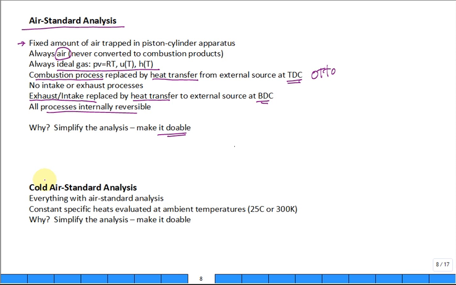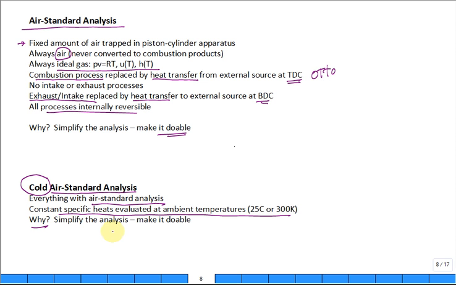You also have the additional cold air standard analysis. This means everything associated with the air standard analysis, but constant specific heat evaluated at normal ambient temperature, 25 degrees C or 300 Kelvin. And again, why do you do that?